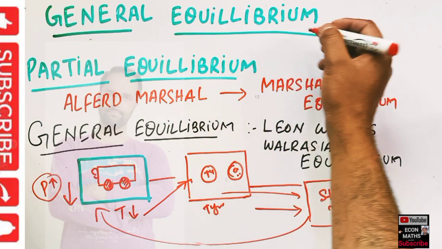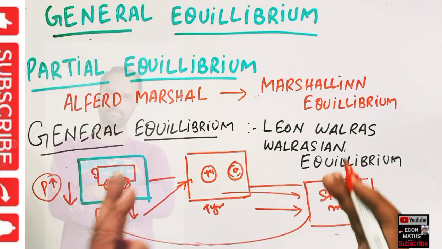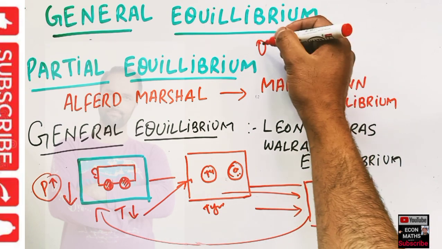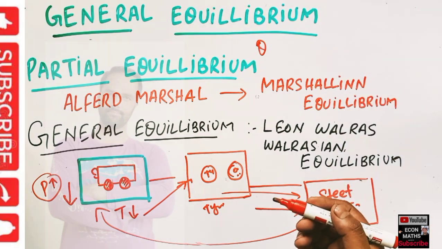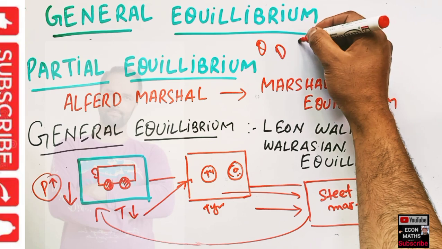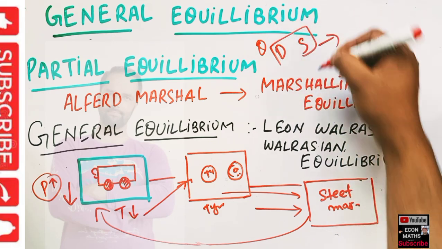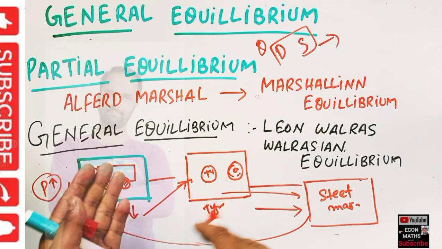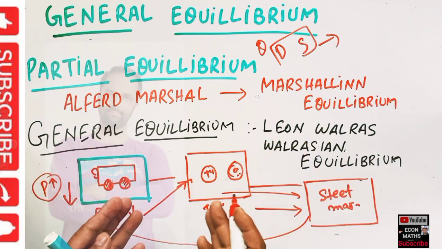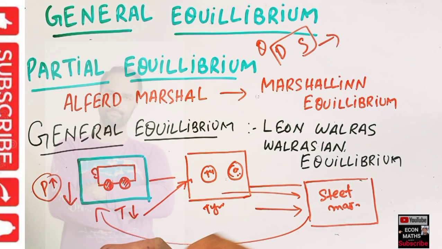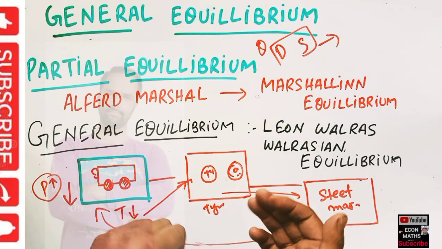In partial, we hold other factors or other markets constant and trace the relationship between price of a good and the quantity demanded, or demand for a good and supply of a good, and we don't assume that other markets will influence this market, or its demand and supply will influence other markets. But in general equilibrium, we study how demand and supply interact in several markets to obtain equilibrium prices of several goods.